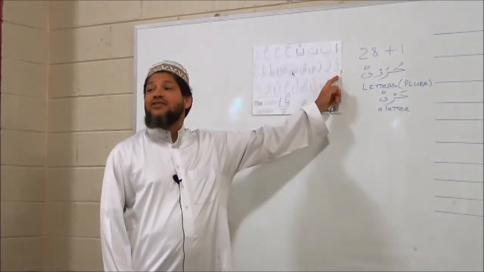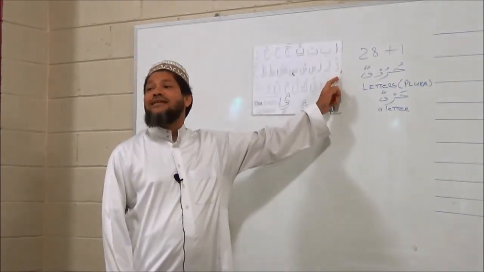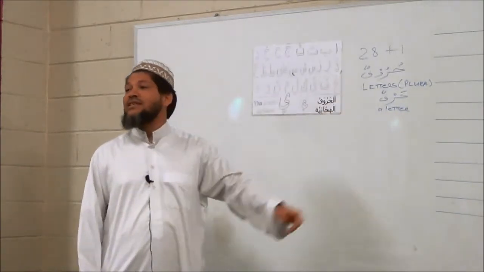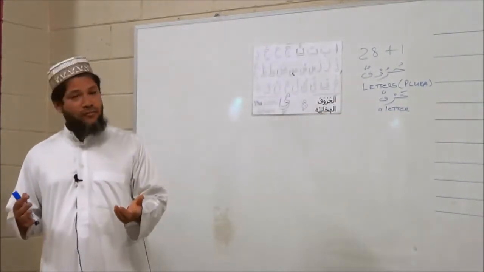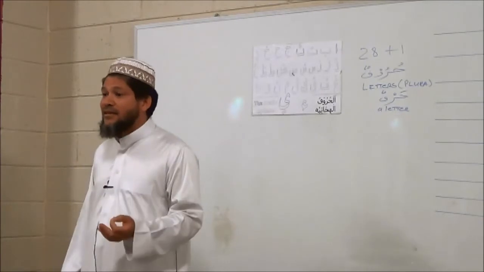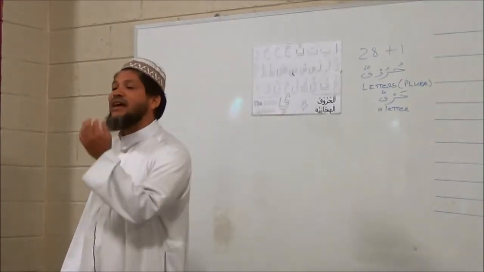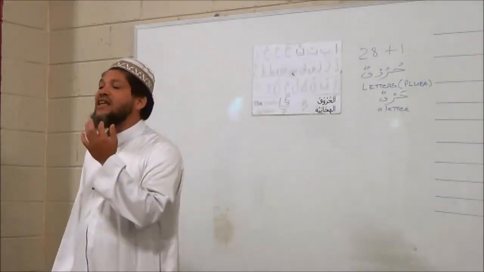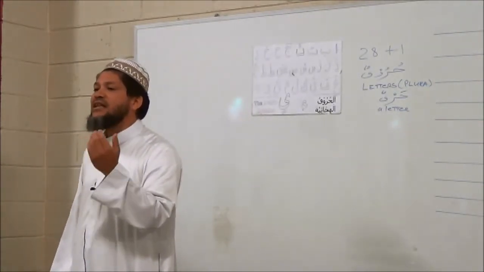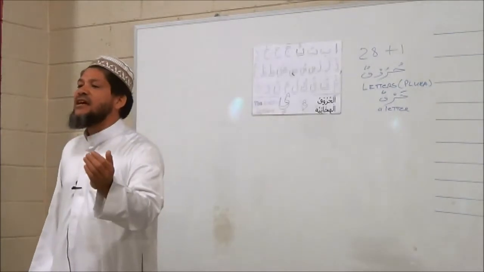Another of the letters which we are famous for making mistakes. We say sometimes zal. Mistake. This is after dal, tip of the tongue, like we say the in English. Zal.